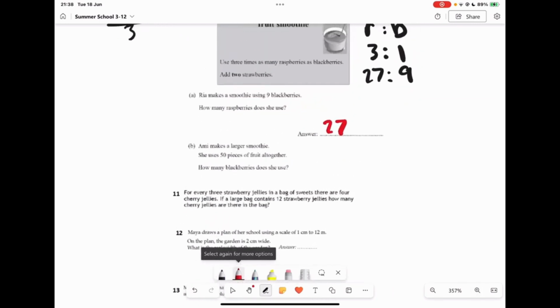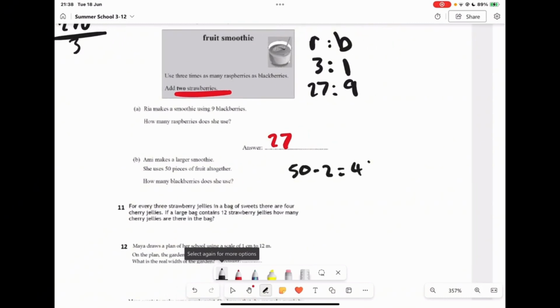Then for part B, Amy makes a larger smoothie and she puts 50 pieces of fruit all together. How many blackberries does she use? Well, we know that it says to add 2 strawberries. So we're going to do 50 minus 2 to find the scale of raspberries and blackberries that she uses, which is 48. And then we know that for every 3 raspberries, there's 1 blackberry.